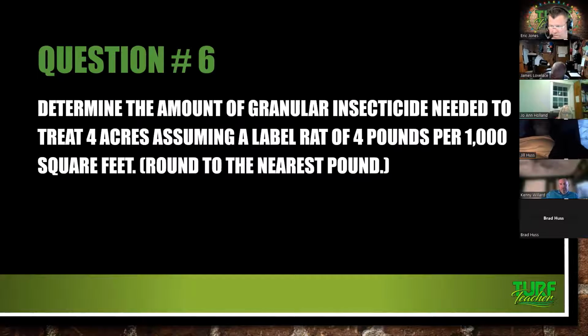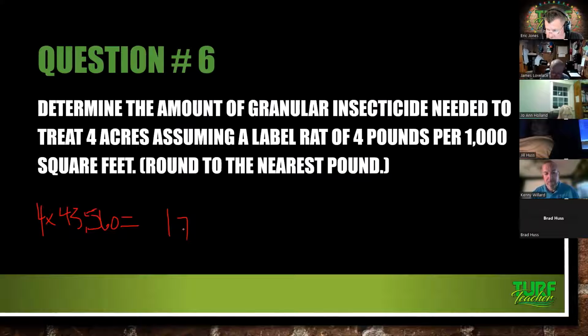All right, question 6. Determine the amount of granular insecticide needed to treat 4 acres, assuming a label rate of 4 pounds per 1,000 square feet, round to the nearest pound. So we're going to take 4 times 43,560, which is 174,240. So we have our total square feet.